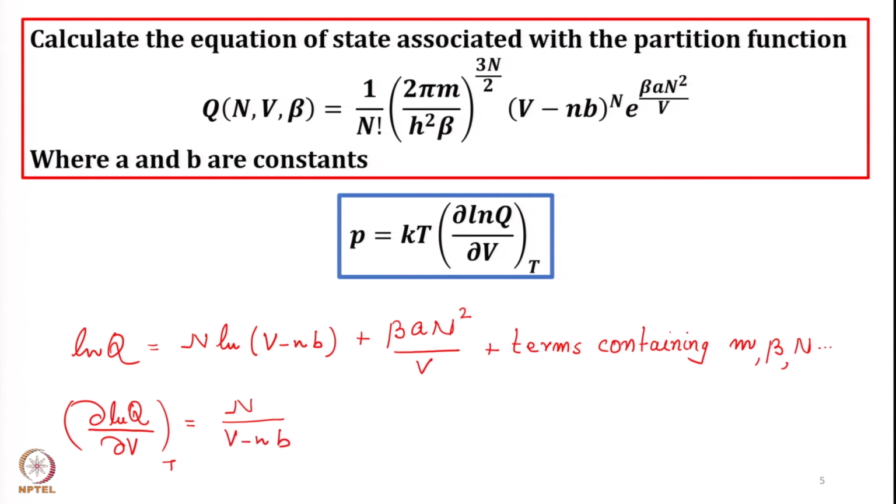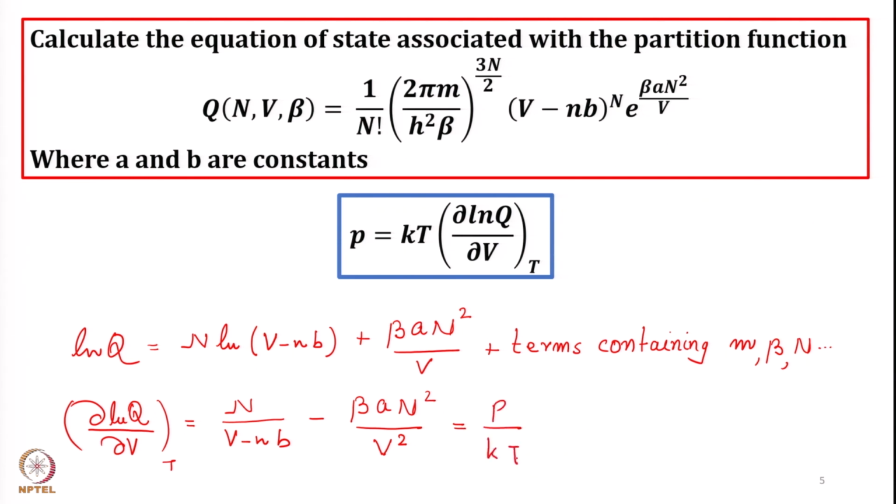For the second term, beta, a, N are constants, so 1 over V gives minus beta a N square over V square, and for all other terms the derivative is 0. This is del log Q by del V at constant temperature, and this is equal to P over kT.